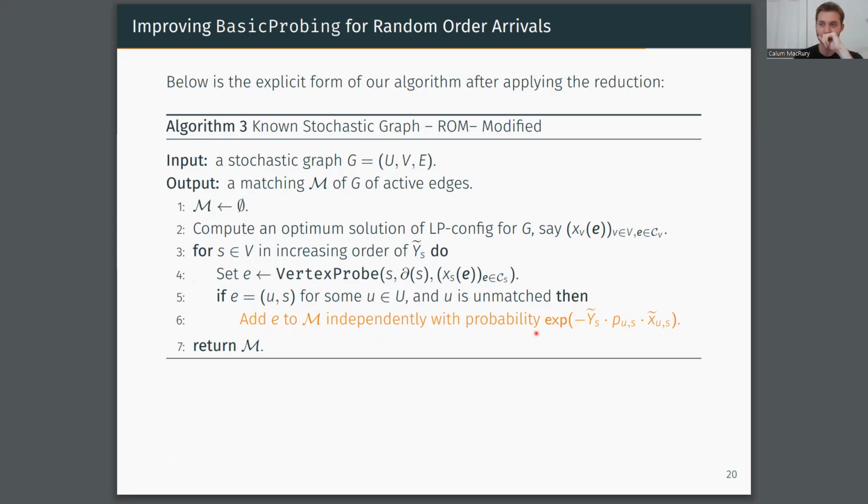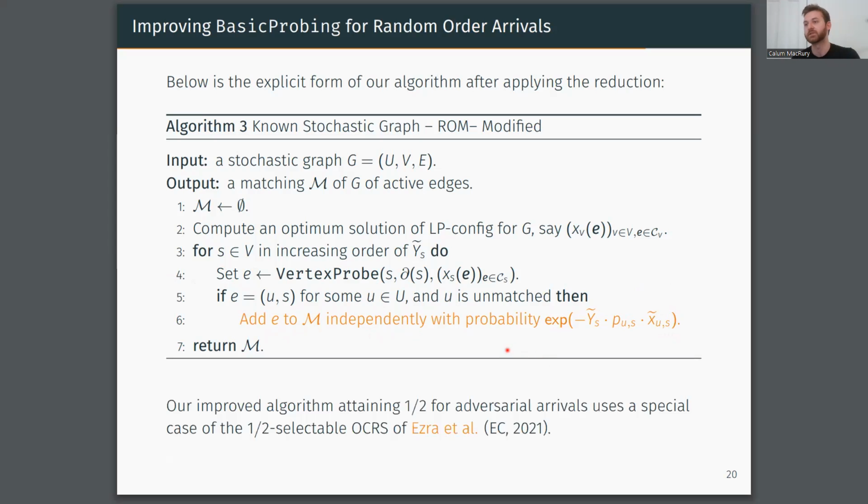You can see that we could have used any rank 1, 1 minus 1 over e selectable RCRS, but the one of Lee and Singla is really quite elegant. So it leads to a really simple modification to our algorithm.